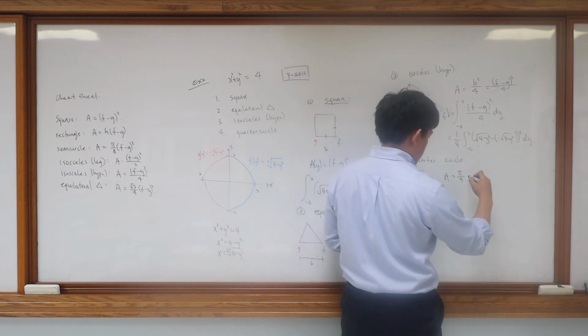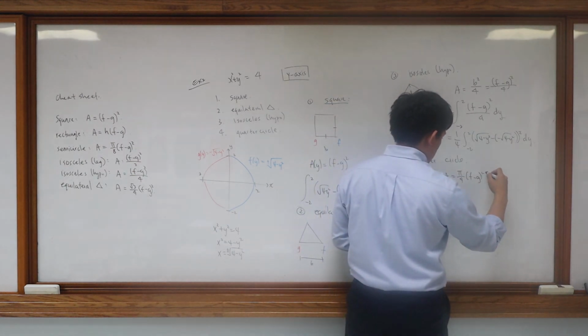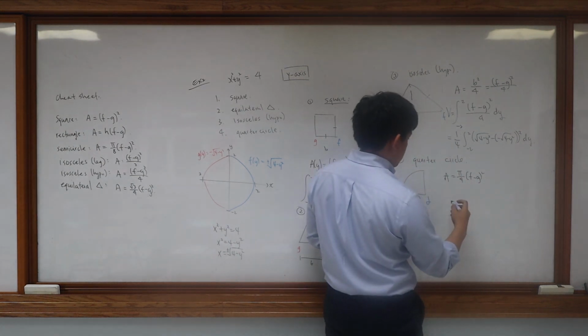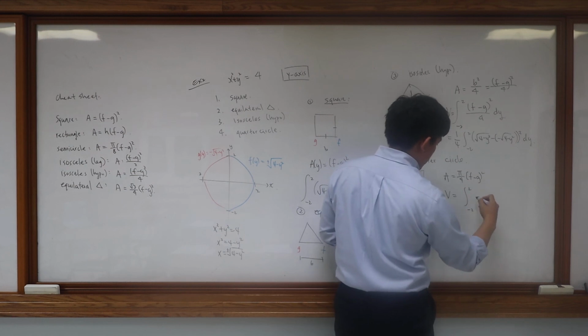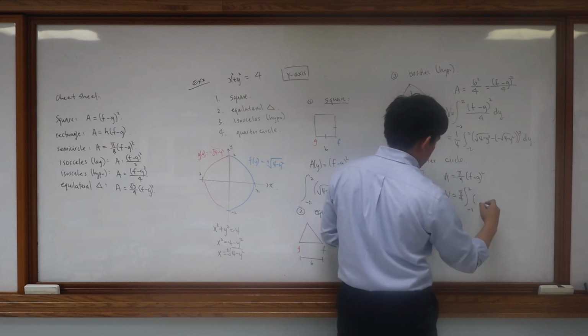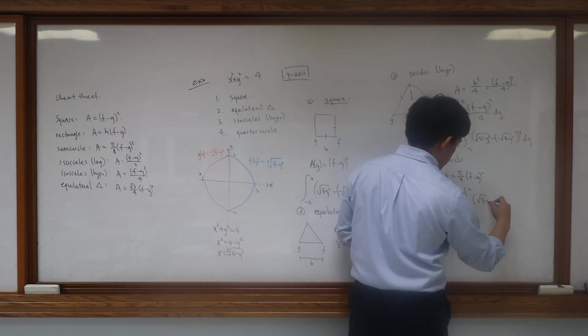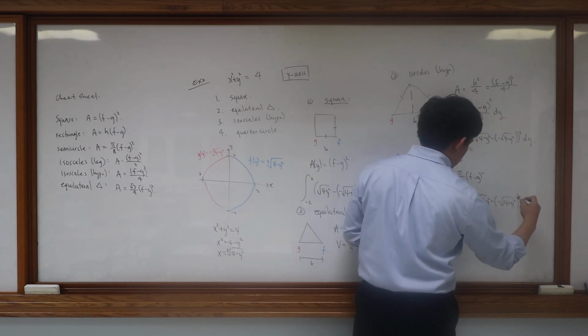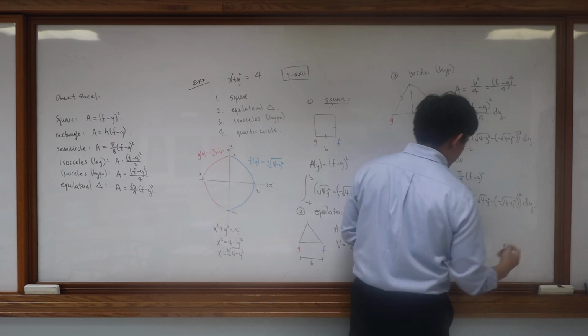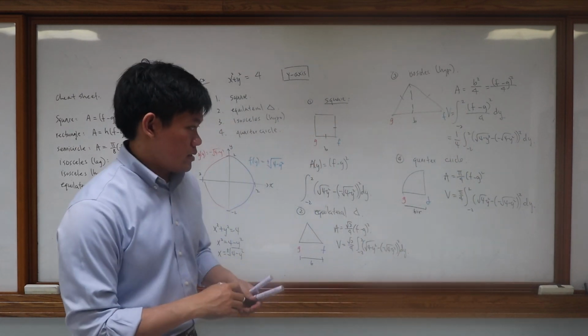In that case, it's going to be f minus g squared. That means my volume here is the integral from negative 2 to 2 of pi over 4 times the square root of 4 minus y squared minus negative square root of 4 minus y squared, the whole thing squared, dy. And that is the answer to these questions.